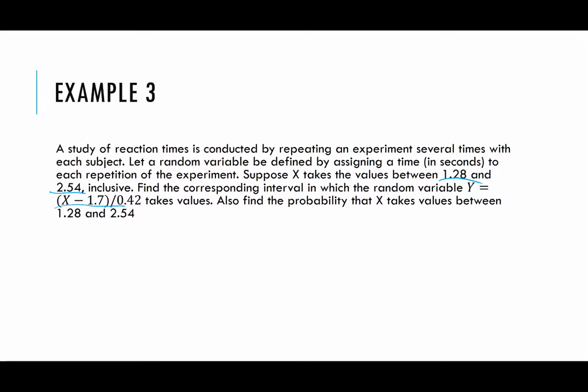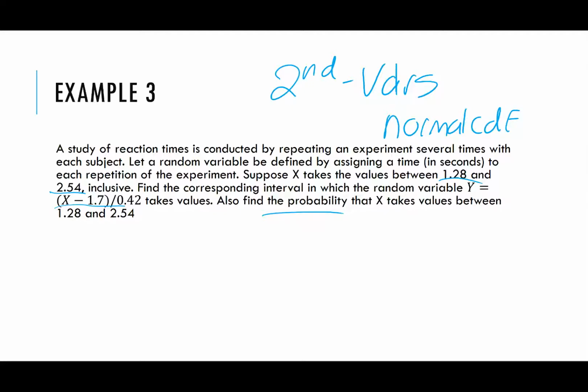Again, all we have to do to find this probability is use that function in our calculator, the second vars, and then the normal CDF function. All it's going to ask us for is the lower bound, upper bound, the mean, and the standard deviation. We already know the lower bound is 1.28 and the upper bound is 2.54.